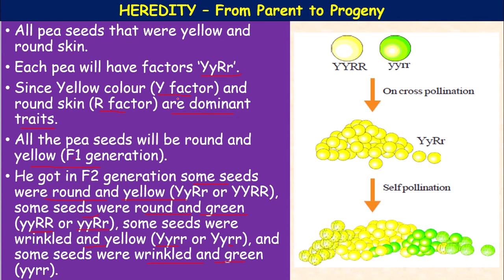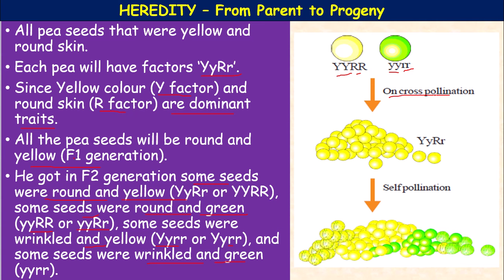So you see the two pairs of contrasting characters we have considered, that is color and shape. Capital Y represents yellow, and capital R represents round. Small y represents green, and small r represents wrinkled.